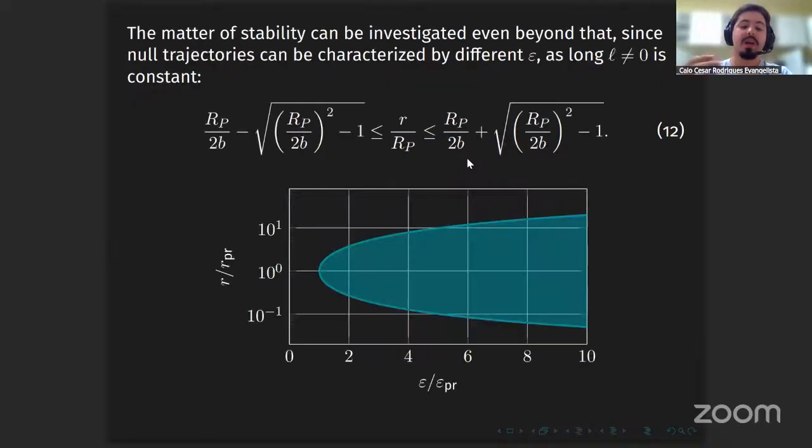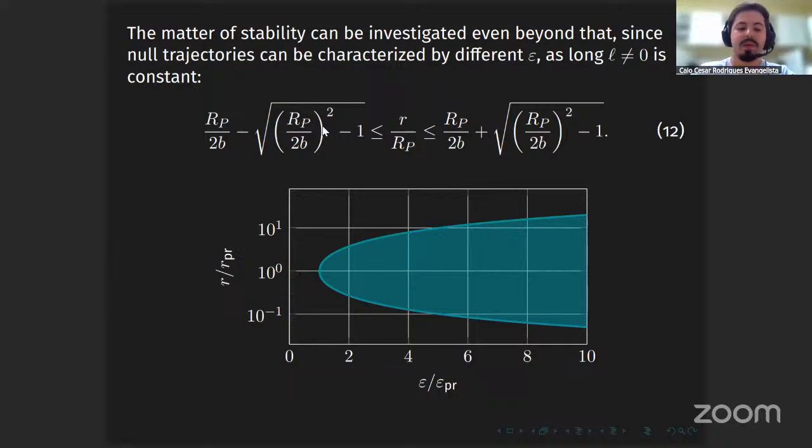So we can also see that in the platypus space-time, the null rays, the light rays, follow circular orbits always. What I mean is that they are always stable. So if you have a null ray and you push it into this space-time, what you have is a light ray that will bounce between these two radii in equation 12.